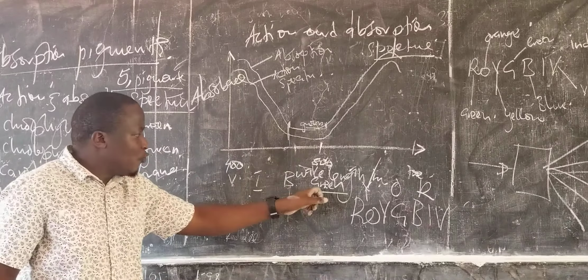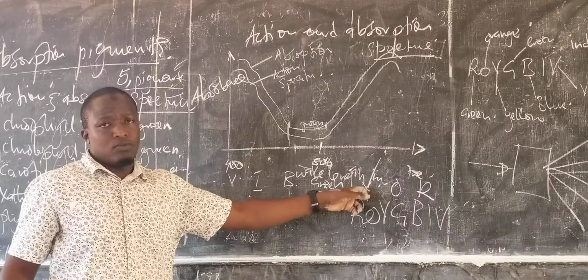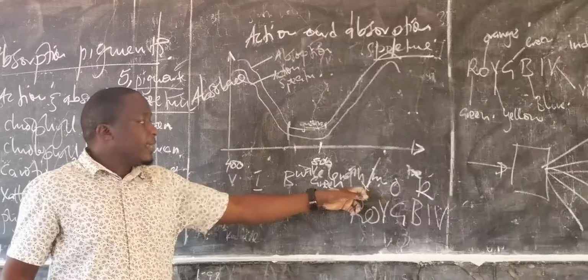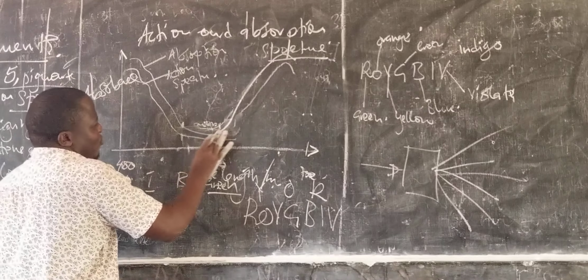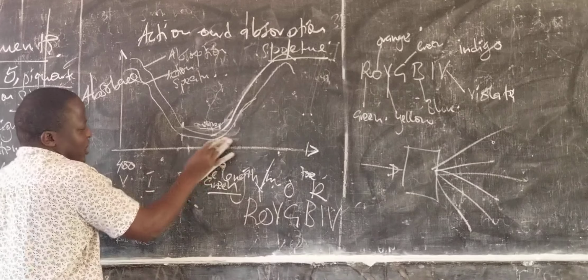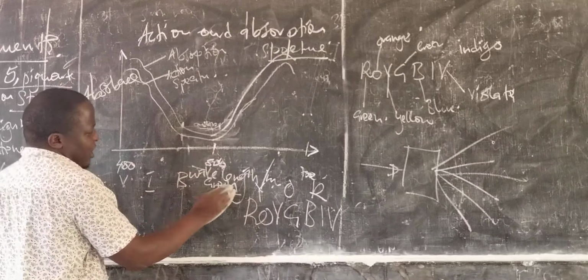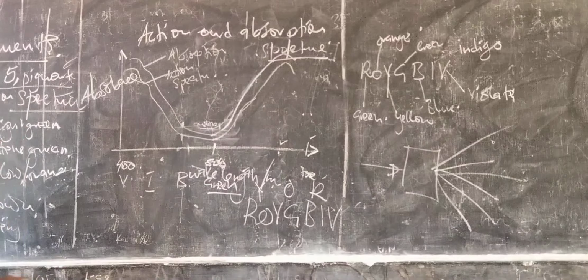Where we have green and yellow, expect the absorption spectrum to be poor, like that. And then the absorption spectrum will again increase. We see it increasing again after we have reached yellow. So at orange and red, it will be showing the maximum. Light will be very clear in numbers.